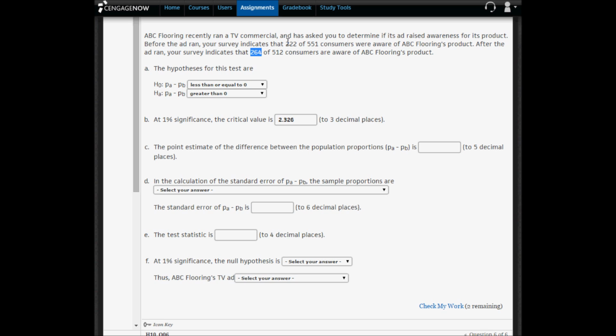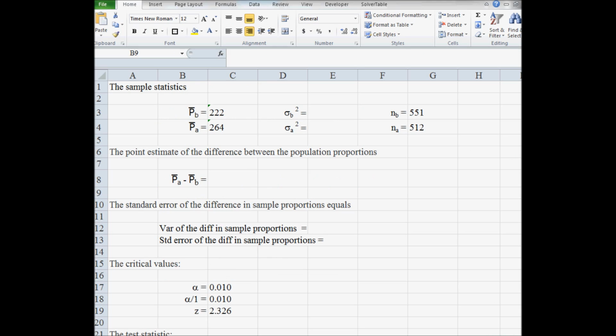Both sets of these numbers are already copied into Excel. There were 551 people in the before sample and 512 people in the after sample. Of the people that were in the before sample, 222 were aware of the company's product. 264 in the after sample were aware of the company's product.